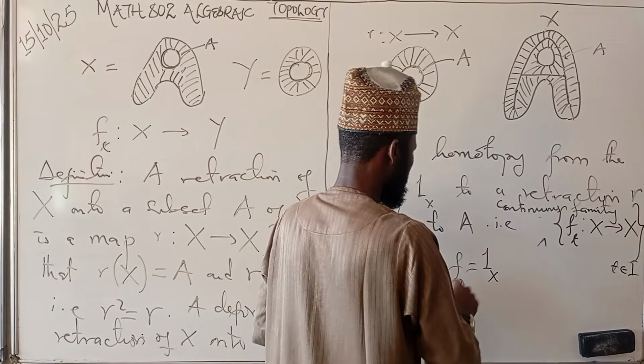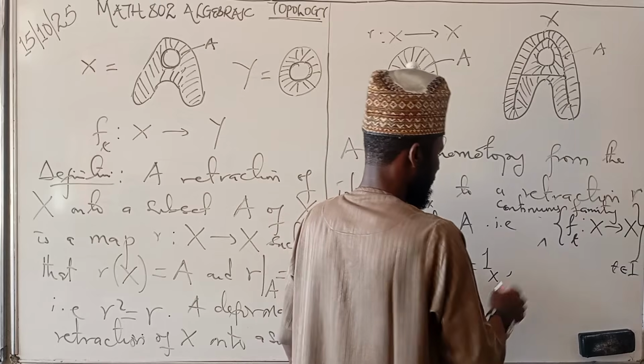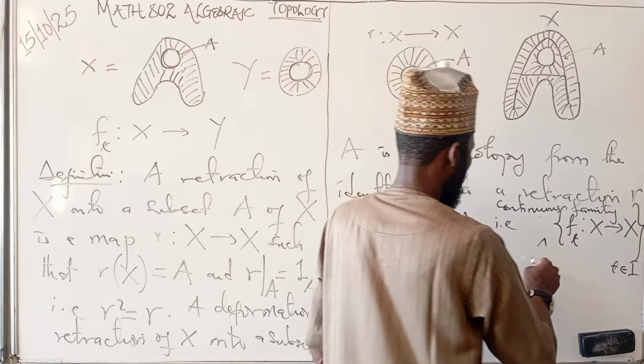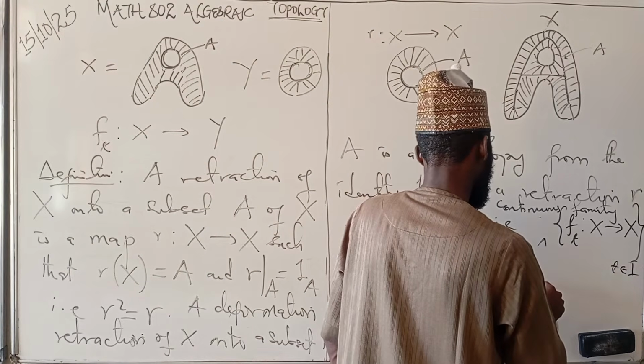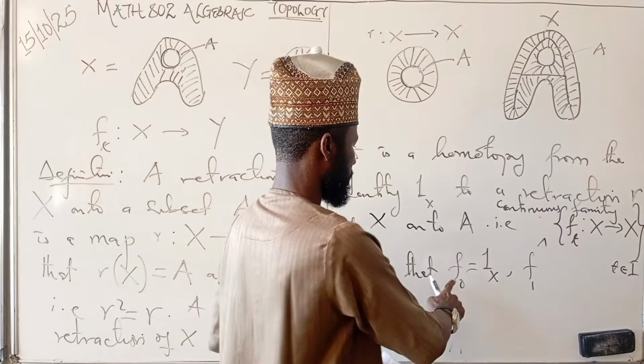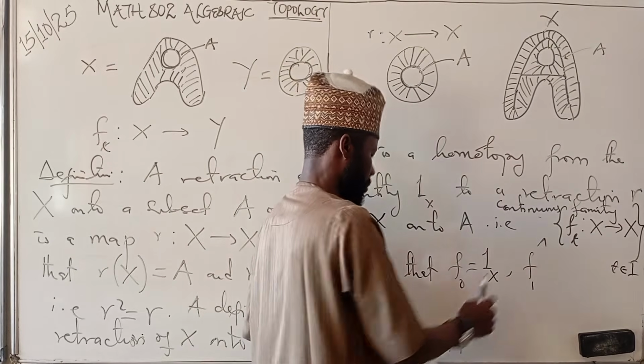So it is a homotopy from the identity, and the last mapping should be a retraction, because this is a homotopy from F0 to F1.